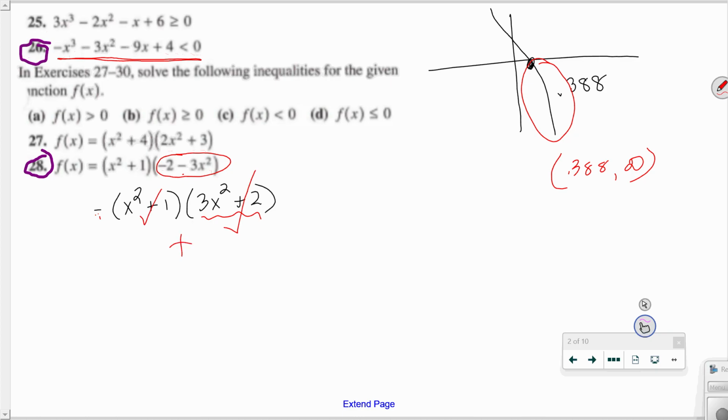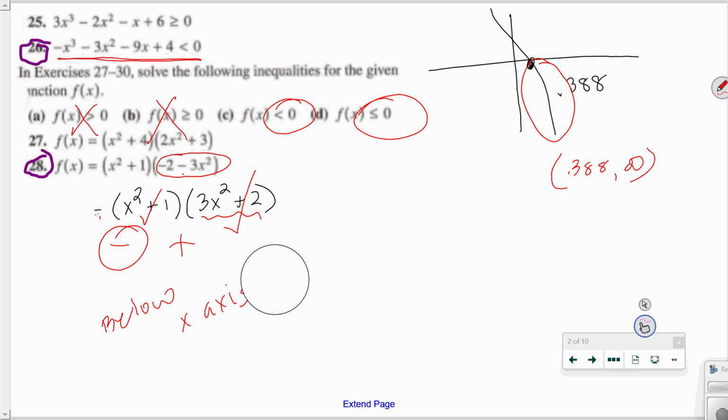If I have two things that are always positive, and then you multiply by a negative, then this whole function is always going to be negative, which means it's below the x-axis. So it's never positive. It's never equal to 0. It is always negative or equal to 0. I think you had to do that little rearrangement with 28 to make it a little easier.